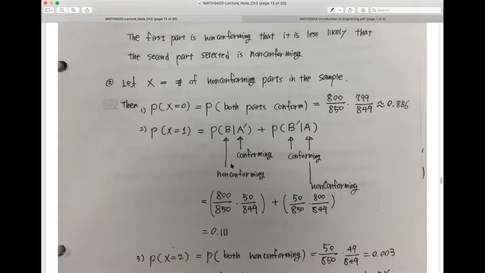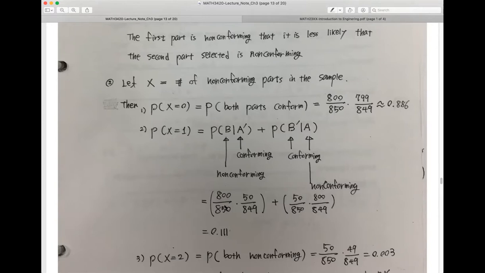Okay, so then we calculate the probability P of B given A prime, where A prime is the non-conforming, right? And then P of B prime given A. P of B given A prime is just going to be 800 over 850.